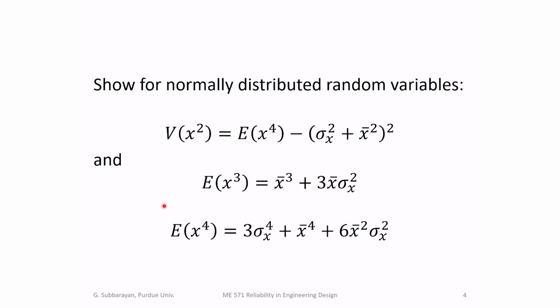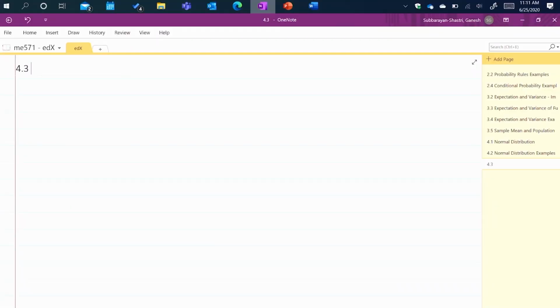for normal distribution. I'll briefly explain how this formula comes about, and I will give you a handout that shows the derivation in greater detail. So I'll briefly motivate this formula and illustrate the challenge of calculating variance of higher powers.